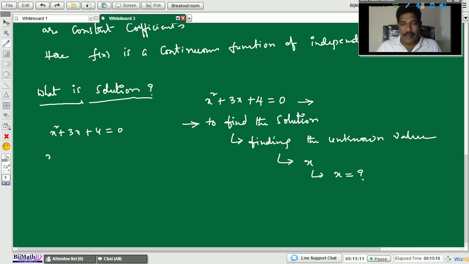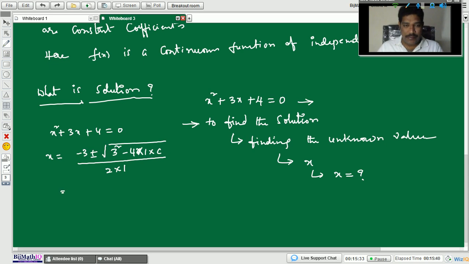You can use the quadratic formula like this: minus 3 plus or minus square root of b square, 3 square, minus 4ac, divided by 2 into a, 2 into a means 2 into 1.